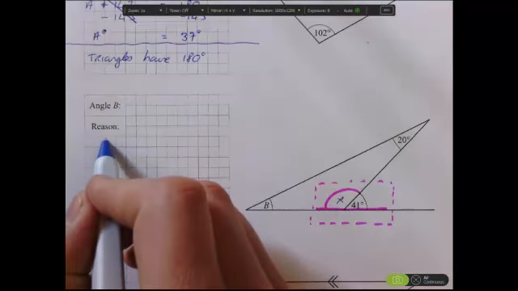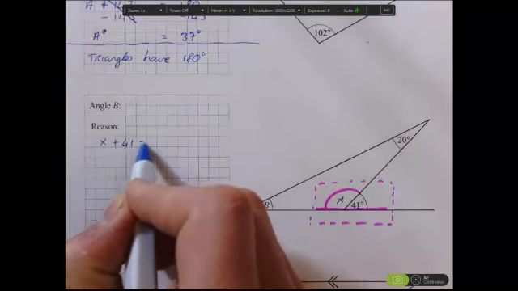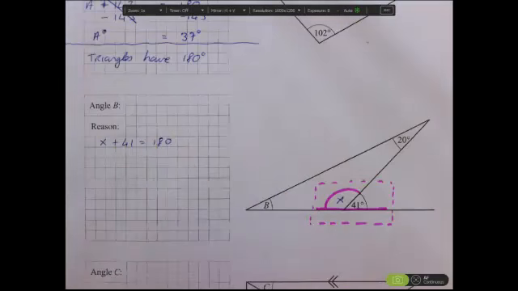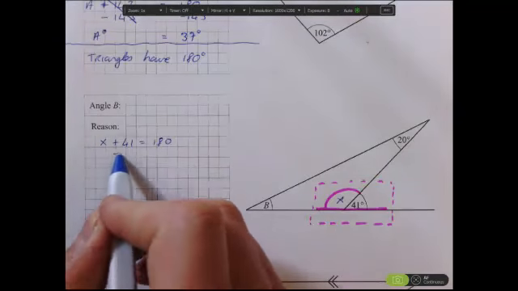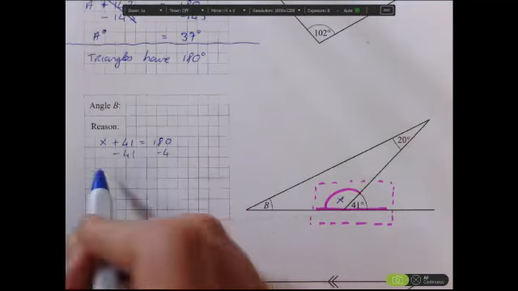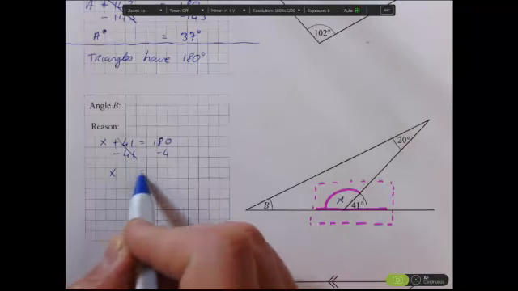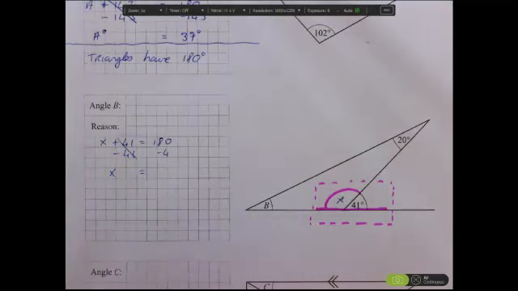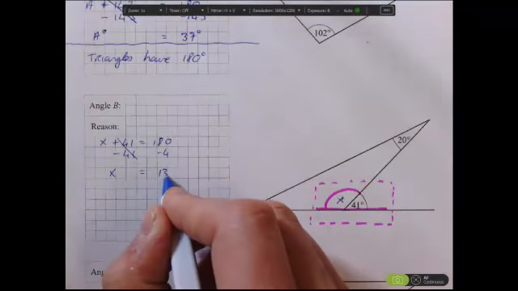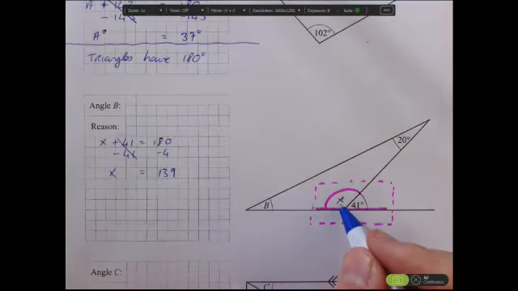You could say x plus 41 is equal to 180. If you take 41 from both sides, they'll cancel. x is going to equal 139. So now I know that this angle in here is worth 139 degrees.